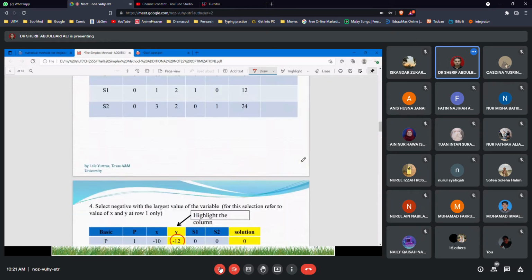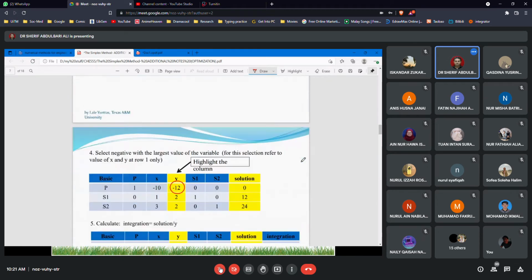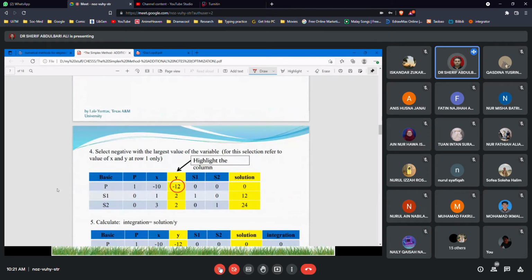Okay. The first thing in here, you are going to look at the objective function. You are going to look at the first row. And you are going to look at the highest negative value. So in my case in here, the highest negative value that I have is for column Y. It's equal to negative 12.